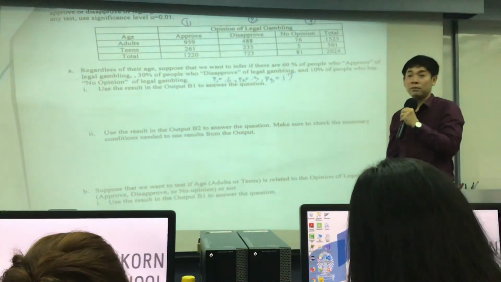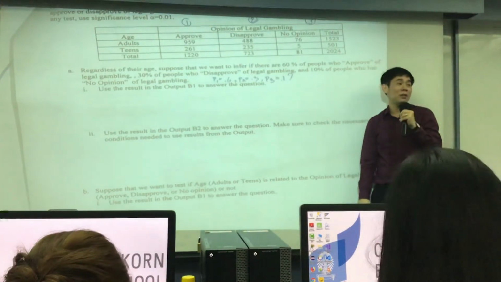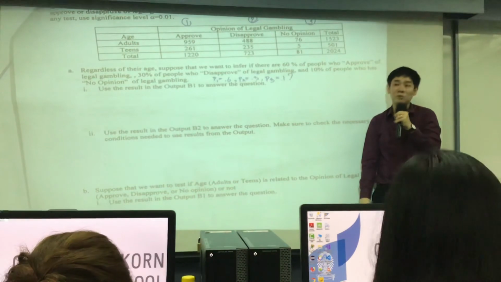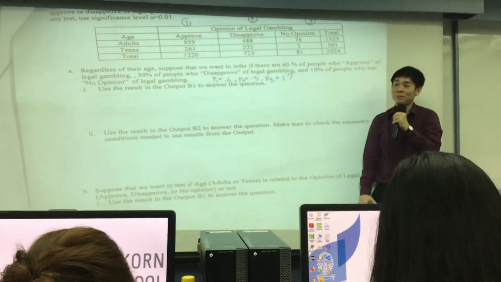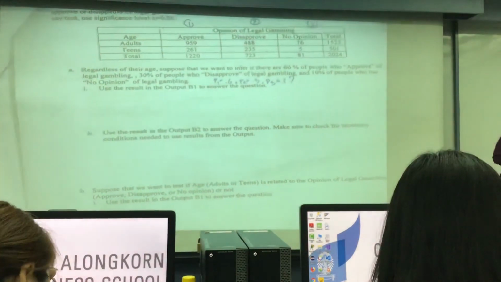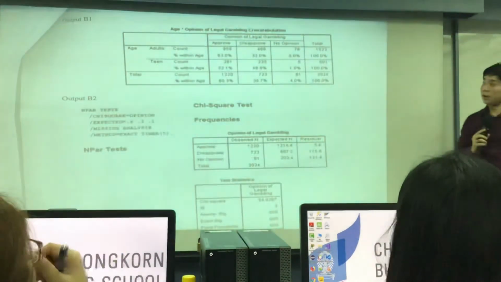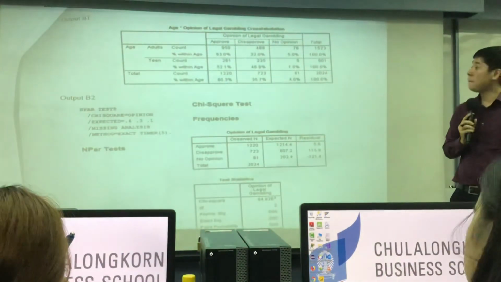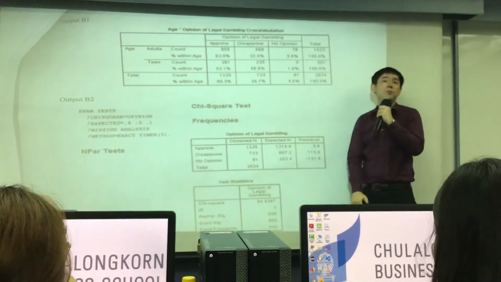All right. Got this, right? I think this one is a somewhat simple question. You have more time. You have 2 weeks before the quiz, right? Okay, so output B1. Output B1 talks about this output, only this output.